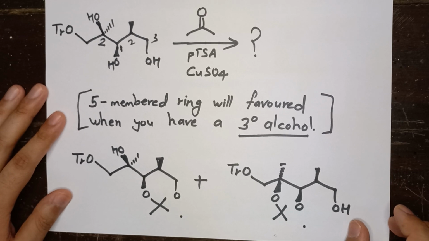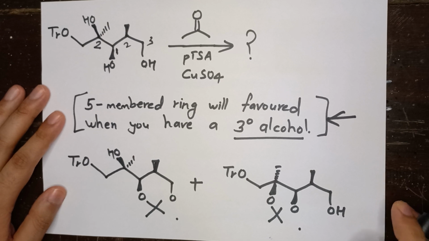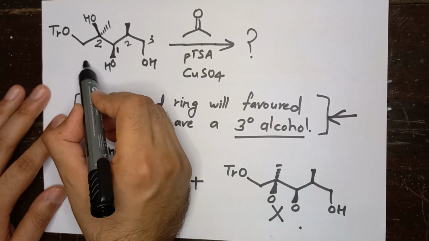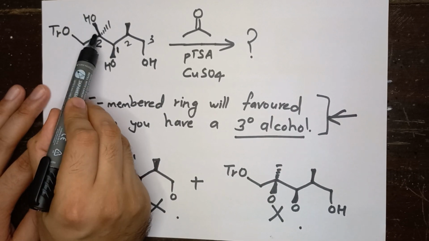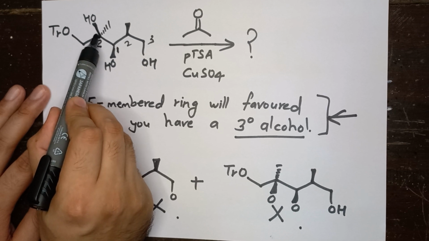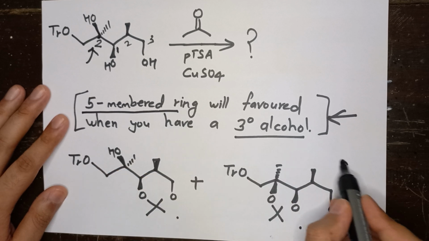Well, you will be able to find out if you know that a 5-membered ring is favored if you have a 3-degree alcohol, and this is my 3-degree alcohol. Correct? This OH is attached to a carbon which has no hydrogen attached to it. So this center is a 3-degree alcohol center, the 5-membered ring is favored, and this is the major product.